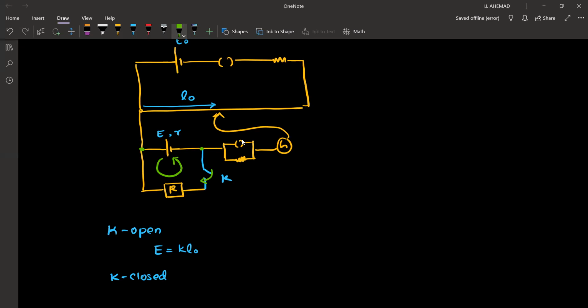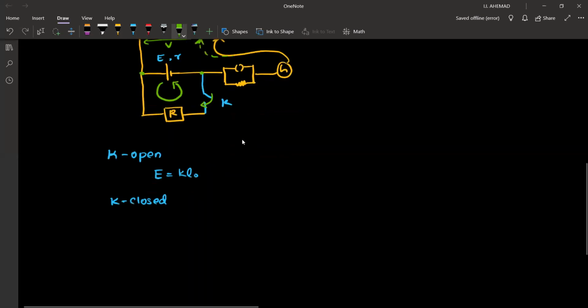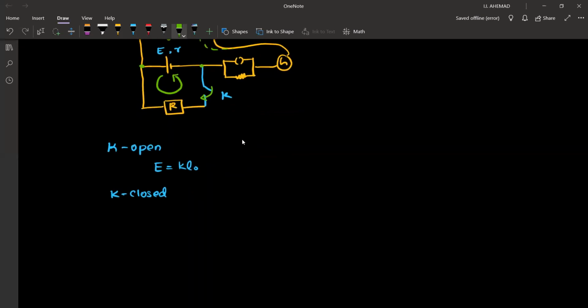So we will get a new balance length, which will correspond to V. So when K is closed, terminal voltage V is not equal to E, since there is a current flow within the secondary circuit. So that is very important.